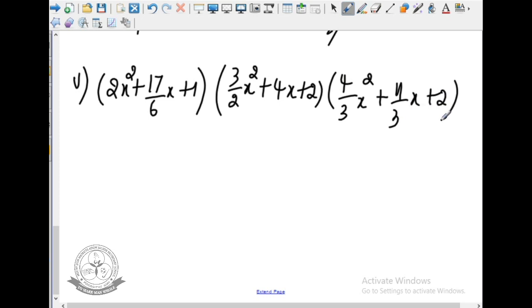So this is our question. I already told you, after writing the question you must check the minus, square, everything, right.